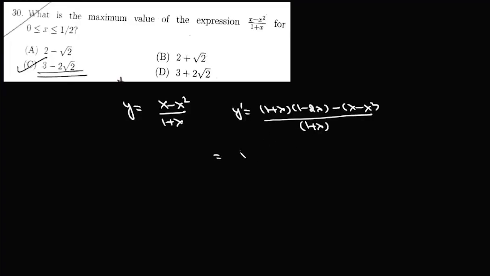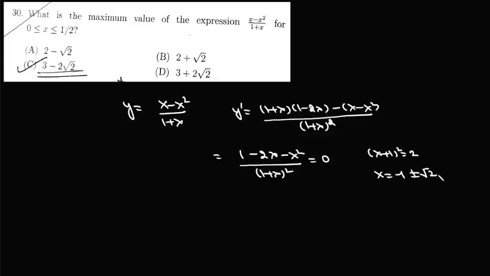Now this is 1 and then minus x minus x, so there will be minus 2x square plus x square, so there will be minus x square upon (1 plus x) whole square. Now if we put it equal to 0, we'll get critical points as (x plus 1) whole square equals 2, or x equals minus 1 plus minus root 2.